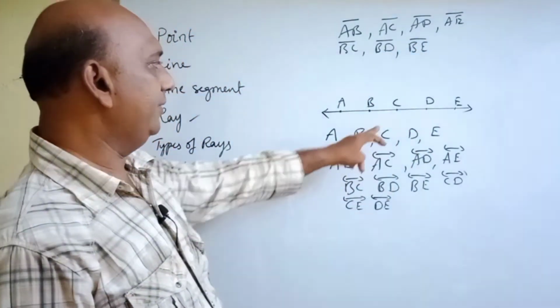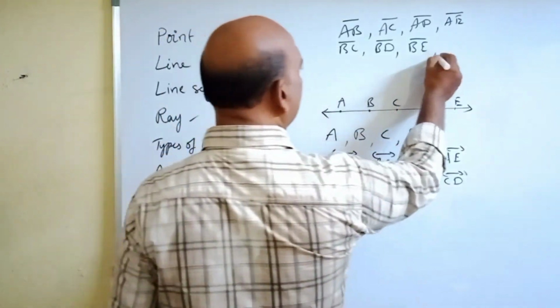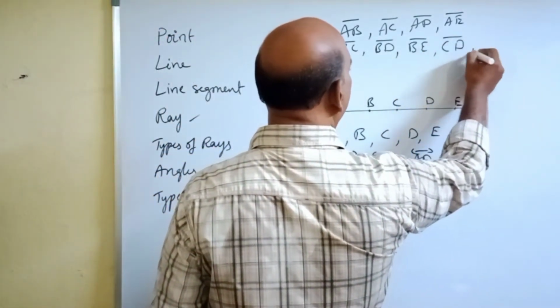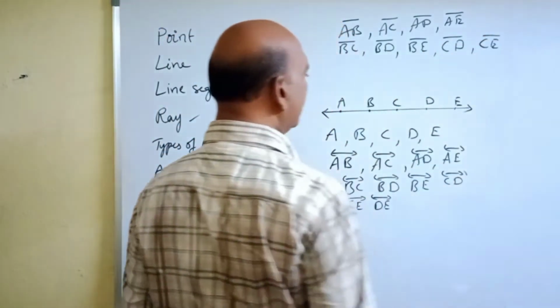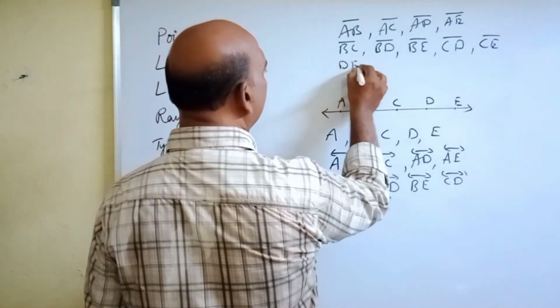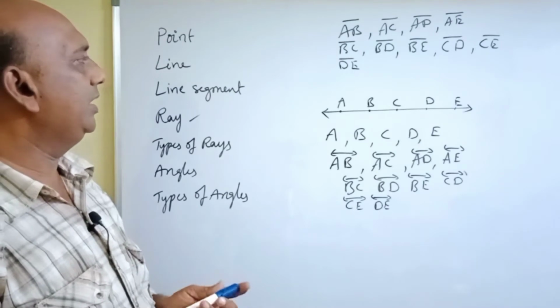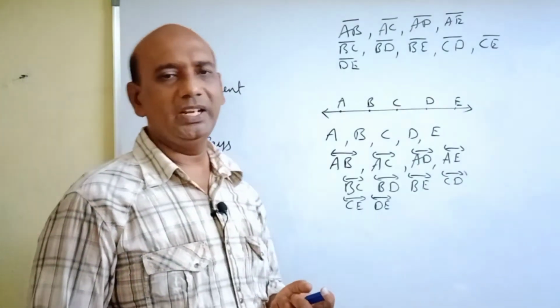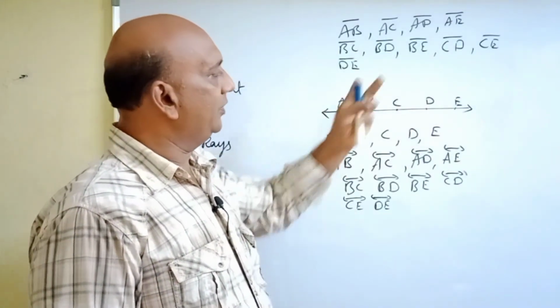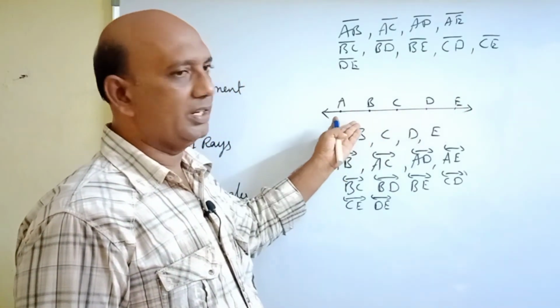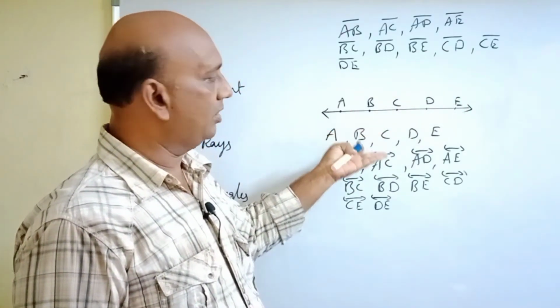Like that, starting from C, CD is another line segment, and then CE, then DE is another line segment. Like this, we can indicate those line segments in different ways. From that side to this side also, we can indicate these line segments or lines.